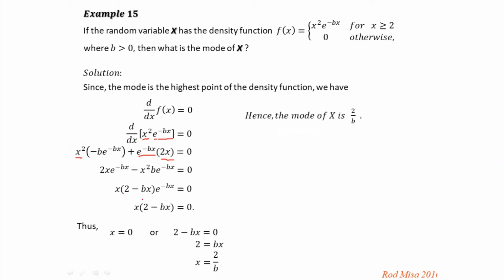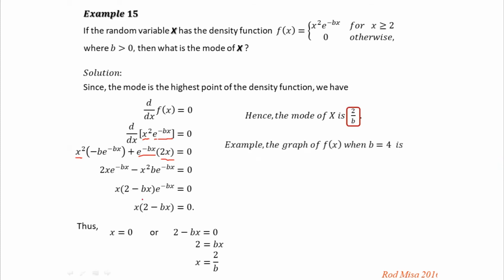Hence, the mode of our random variable x is 2 over b, because this is the maximum value of the probability density function. So this is the point along the x-axis wherein the probability density function is highest. But since b is arbitrary, we can verify this using a graph.